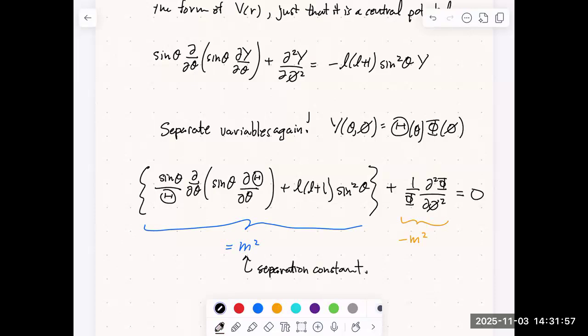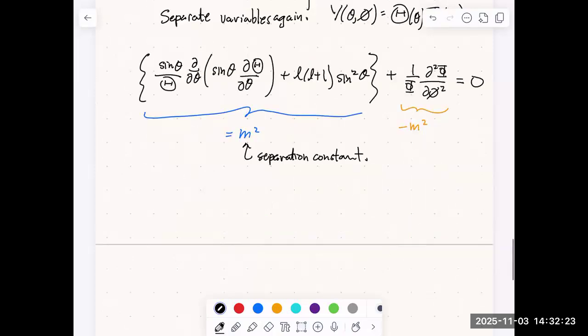Again, we will eventually attach some physical significance to this m. It's going to involve angular momentum. But it's just like when we were doing separation of variables for the time-independent Schrodinger equation, we called our separation constant E, and then we later deduced that it was the energy. So we'll later deduce what these L and M actually represent.